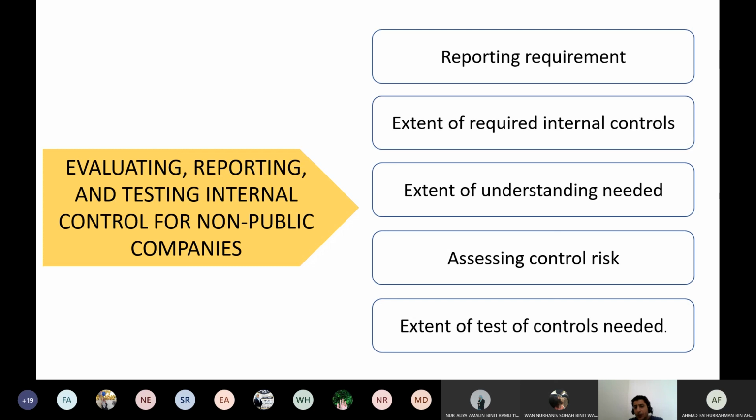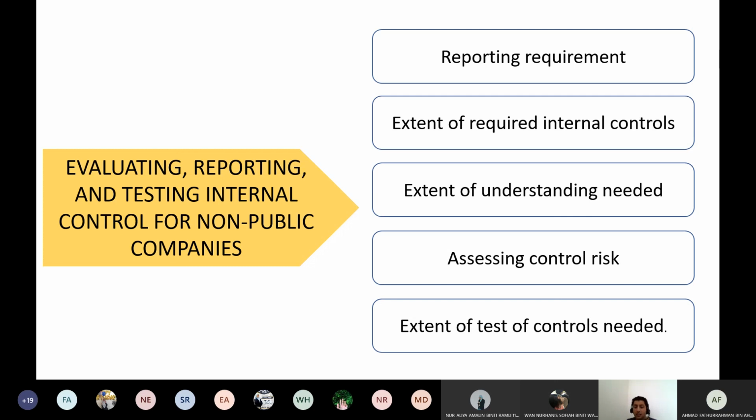As for the extent of required internal control in non-public or private companies, small companies are not required to have a sound internal control system, but medium-sized companies are required to have internal control, though not as much as public companies.